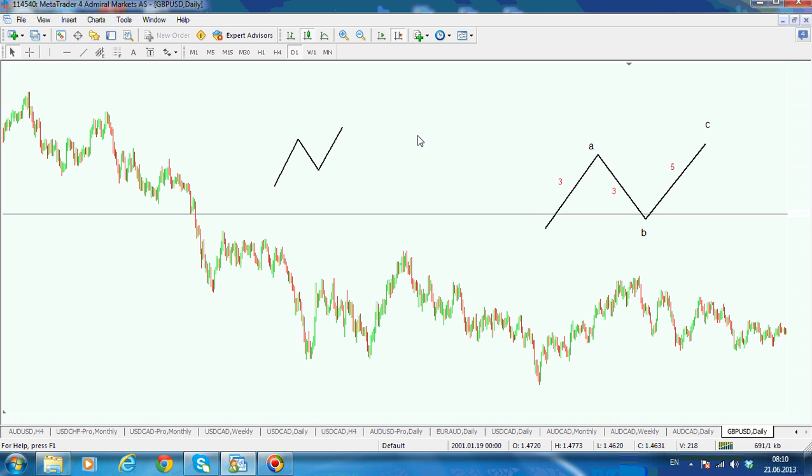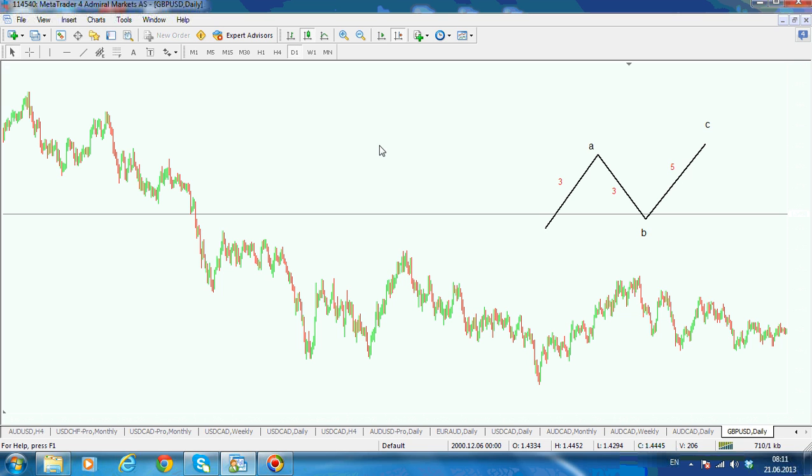One common thing says that wave C must be maximum 2 times the longest wave of the previous two. So if this is the A and this is the B, then wave C should be maximum 2 times the longest wave. So if this is the longest, then you are looking for the C wave to be maximum 2 times wave A.